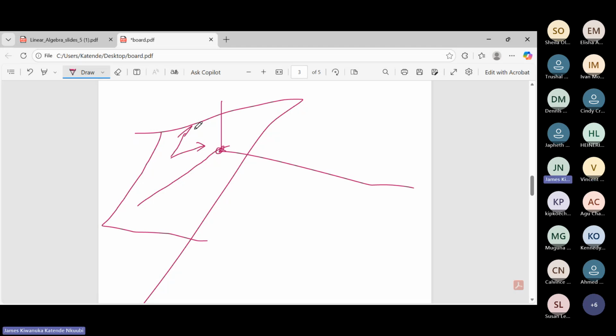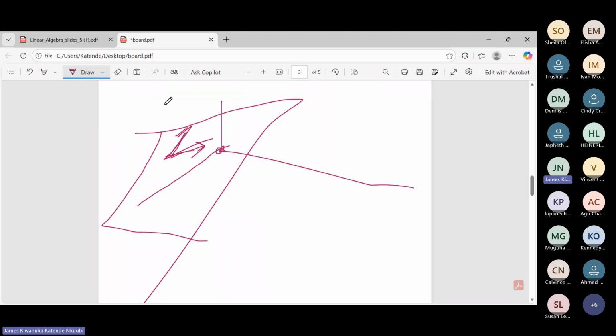If you have two vectors in different directions on the plane, the vectors must lie on the plane. You can use them to reconstruct any other point on the plane. So this is now two-dimensional because you can move in two directions in the plane.